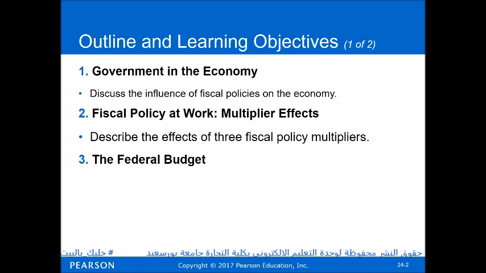1. The government in the economy, where we discuss the impact of fiscal policies on the economy. Specifically, we will look at the influence of government spending and direct taxes on the level of equilibrium output or income. 2.